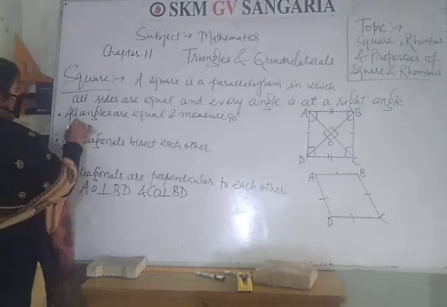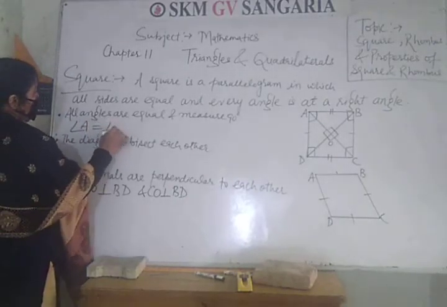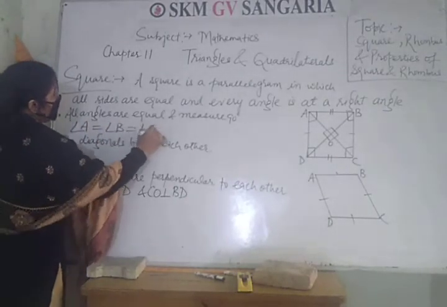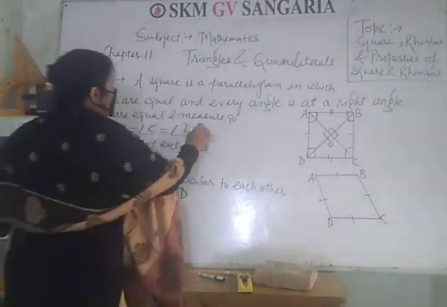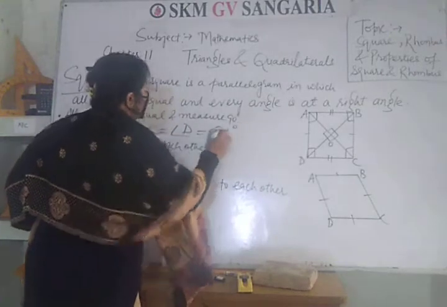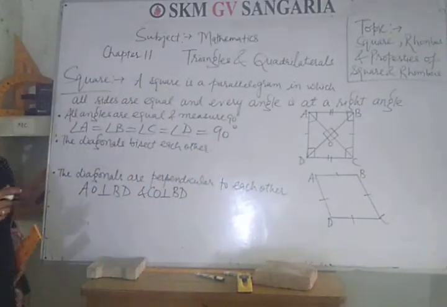Means angle A is equal to angle B is equal to angle C is equal to angle D. All angles are of 90 degree measure.